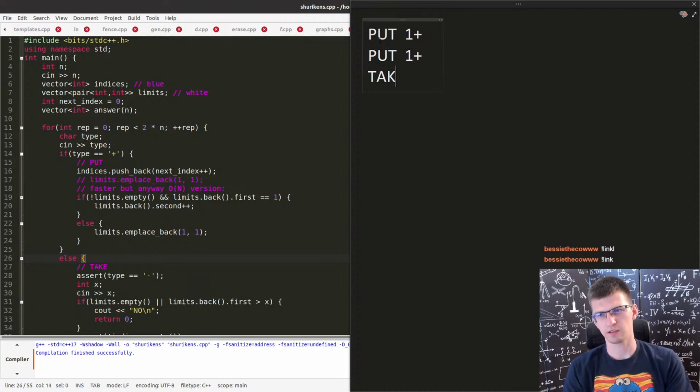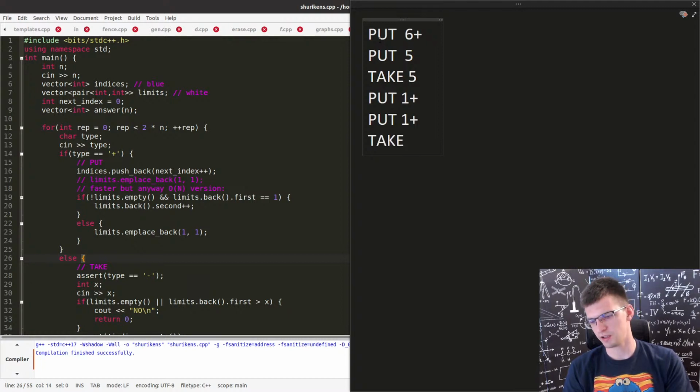Now we have take, let's say take 5. Then I know that one of those previous puts needs to be 5, and all other ones are at least 6. What happens now if I have another put? Well, it's 1 or bigger, another put 1 or bigger, another, and now take, let's say 3.